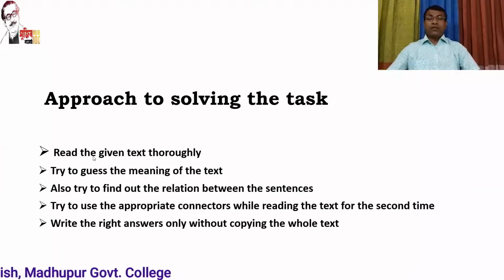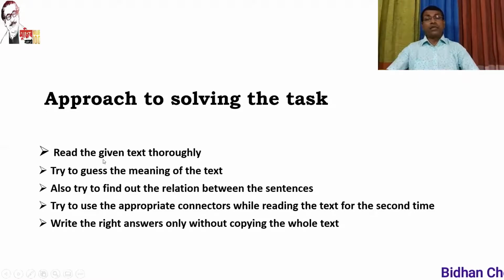Just read the points. Read the given text thoroughly. First of all, students are advised to read the text that is given in the question paper very carefully. They should read the given text very carefully. Try to guess the meaning of the text.